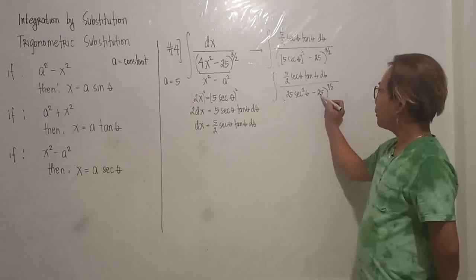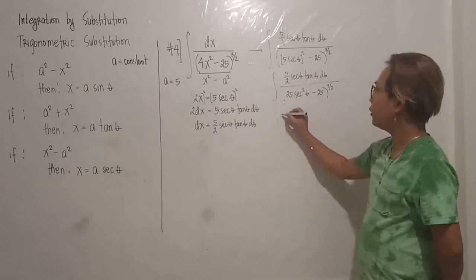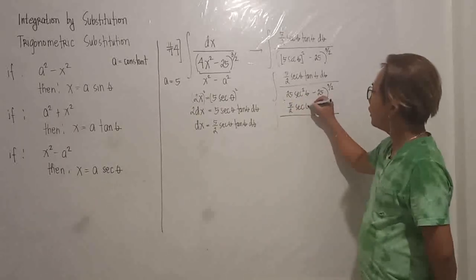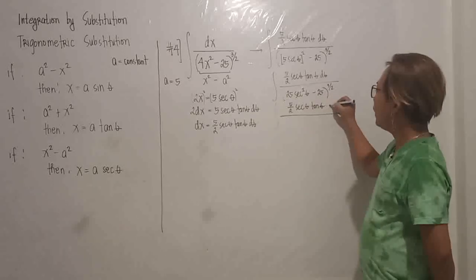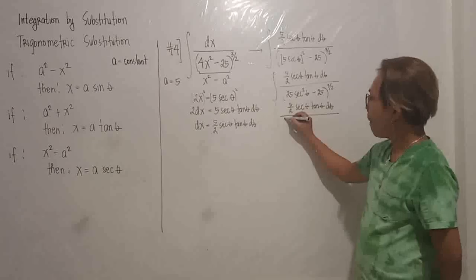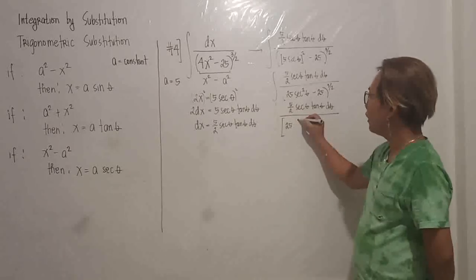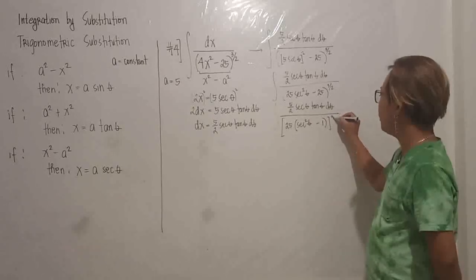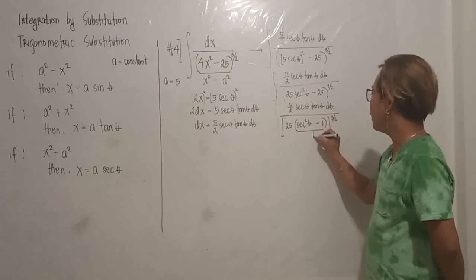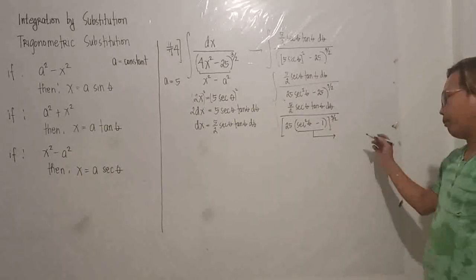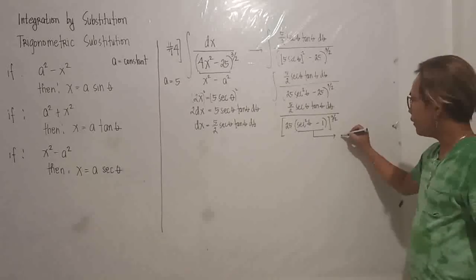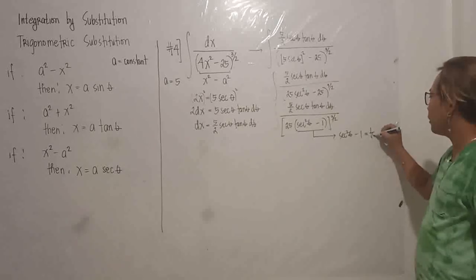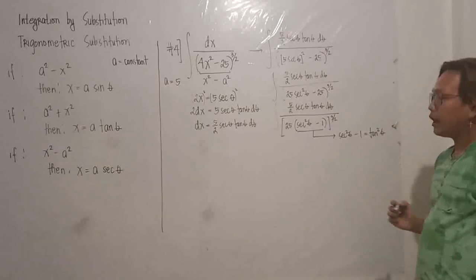They have both 25, so we can factor out the 25. You will now have 5 halves, secant theta, tangent theta, d theta. Then factoring out your 25, you will now have secant squared theta minus 1 raised to 3 halves. Then taking note that this part is secant squared theta minus 1, that is equivalent to tangent squared theta.